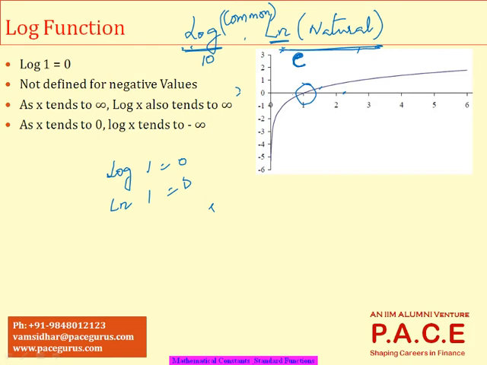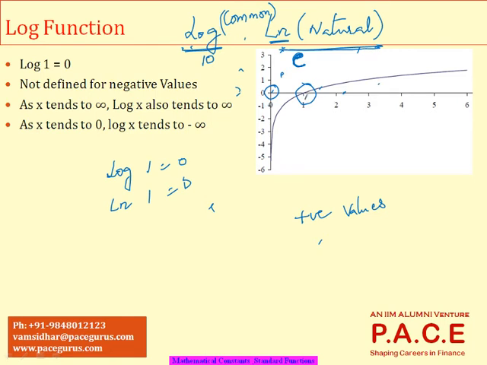And logarithms are defined only for positive values, so they are not defined for 0 and negative values. Corresponding to x equal to 0, there is no value for the logarithm at all.